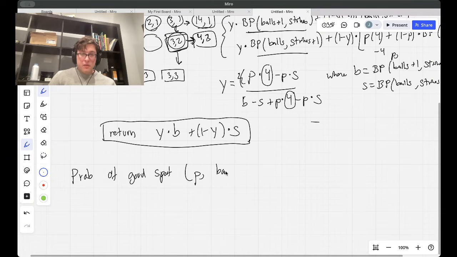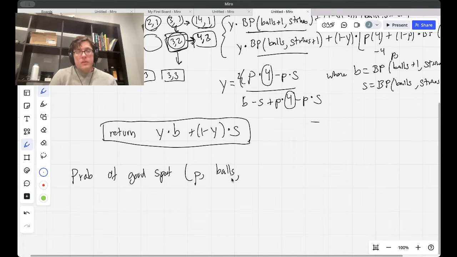So the probability of a good spot depends on p, and again on the current state, balls and strikes. If you're at 4-0, what is the probability of hitting the good spot? It's actually 0, because we have already finished the game. The batter has gotten 1 point, but we've never hit 3-2.